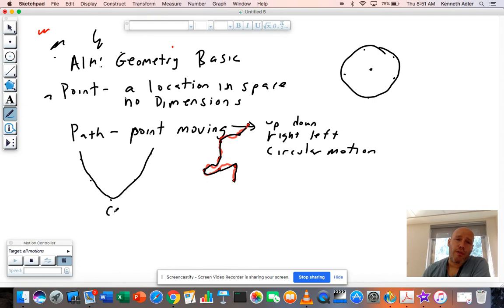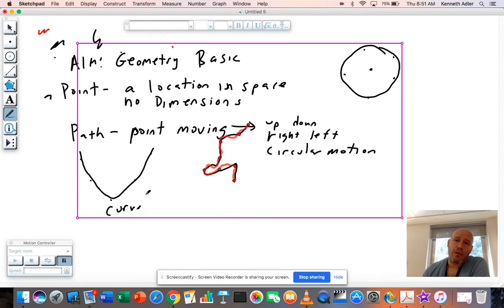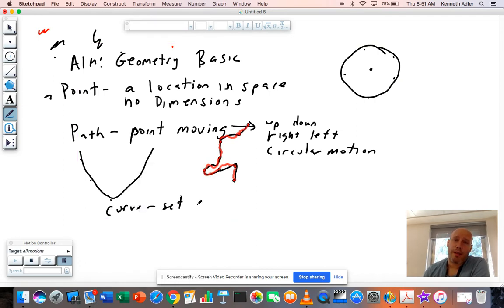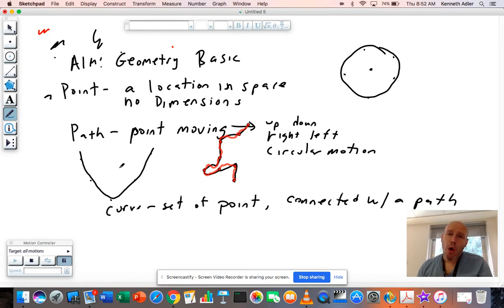So a curve really is like a set of points that we connect with a path. That's the idea. So once again, you draw paths, but after plotting all the points, we talk about it as a curve.